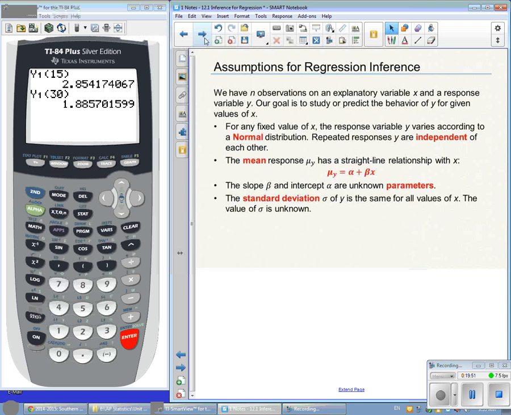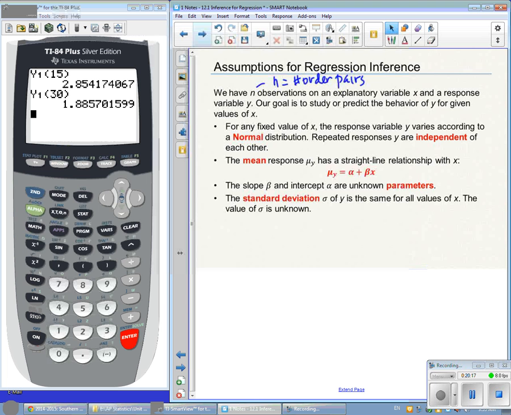So if we have n observations on an explanatory variable x and a response variable y, n represents the number of ordered pairs, because we're going to have an explanatory and a response. So n corresponds to the number of ordered pairs. And our goal is basically to study or predict the behavior of y for any given value of x.